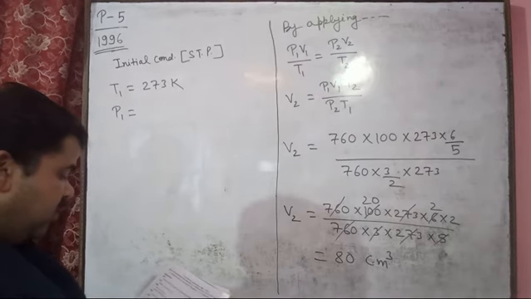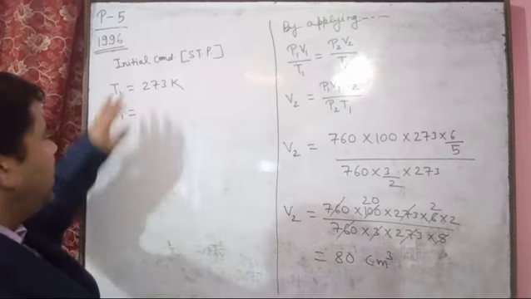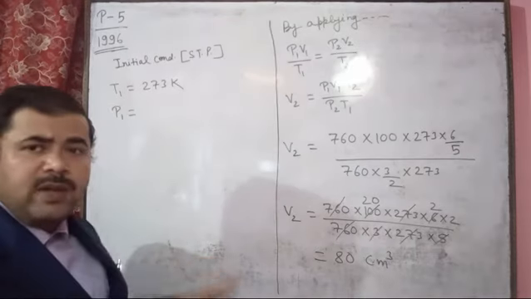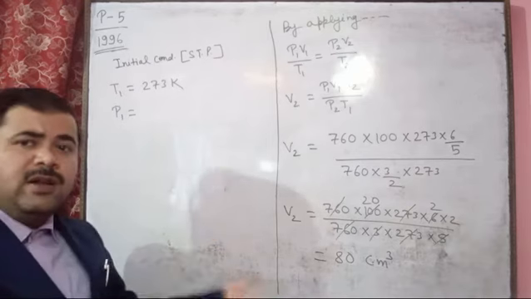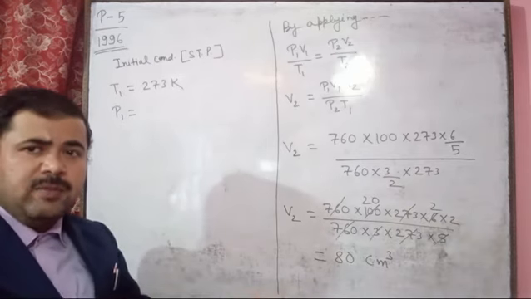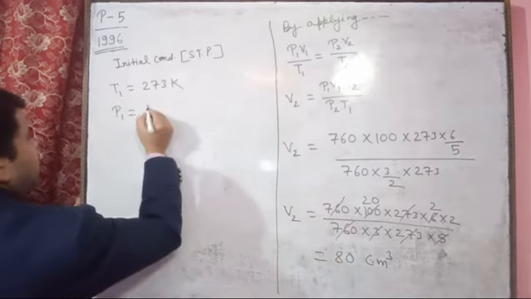The pressure on 1 mole of gas at STP is doubled. So at STP the pressure we know is 1 atmosphere, and the second pressure is given as double the original, the initial pressure.